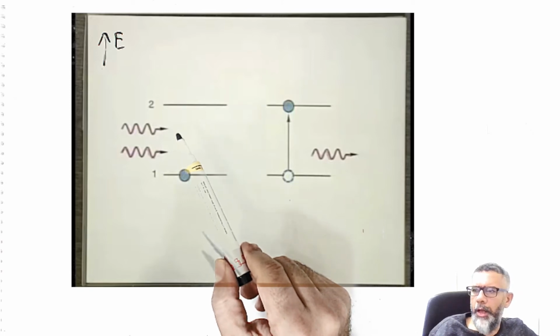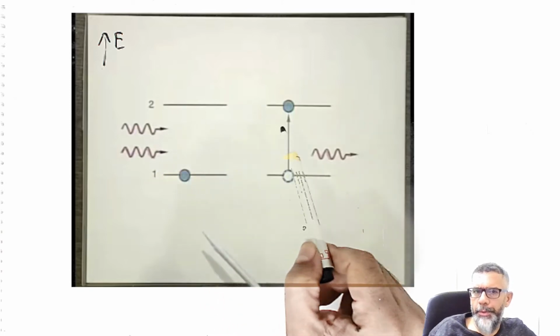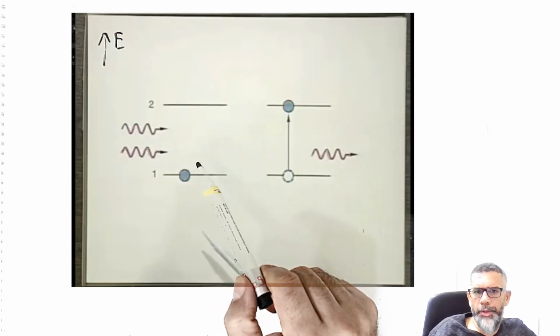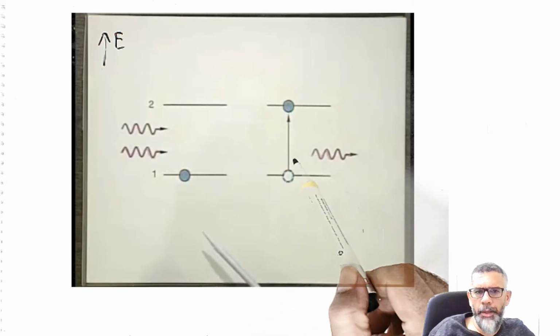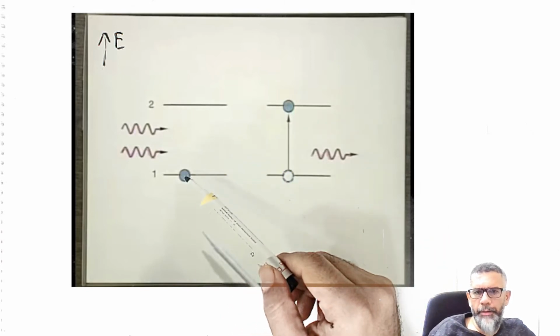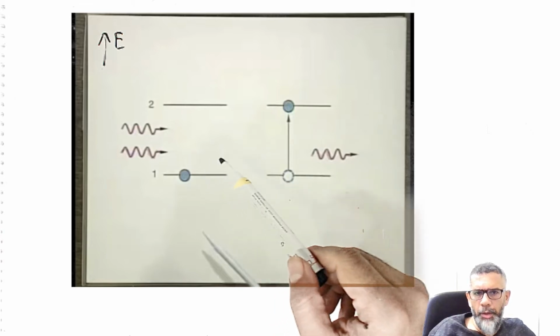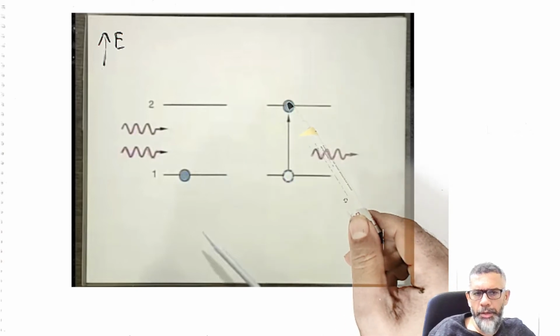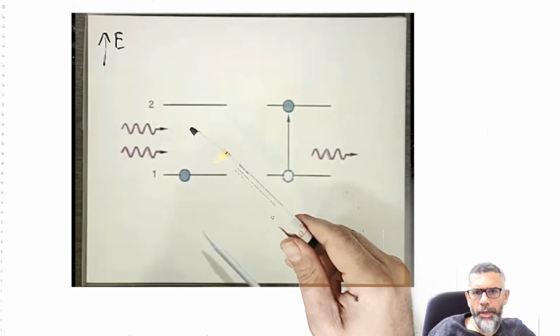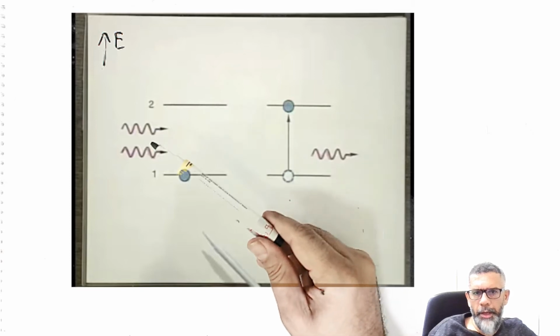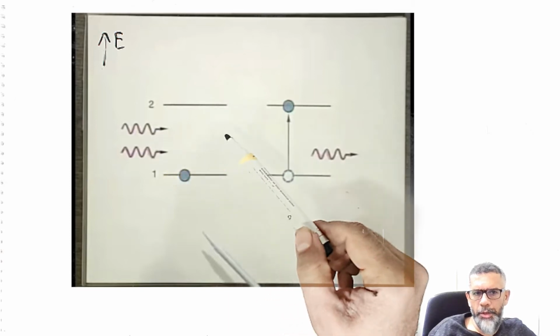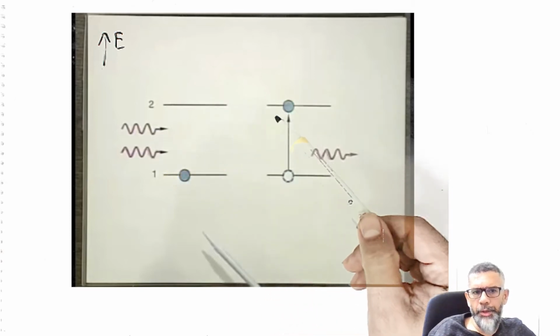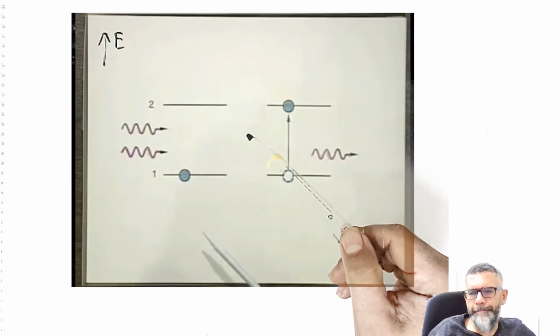What happens in this picture is that one of these photons just disappears, but also we have the atom which is in the ground state. The electron in the atom is in the ground state, so it jumps into the next energy level. So the electron jumps into the next energy level, and one of the photons disappears. This is the picture of absorption in the microscopic domain, okay?